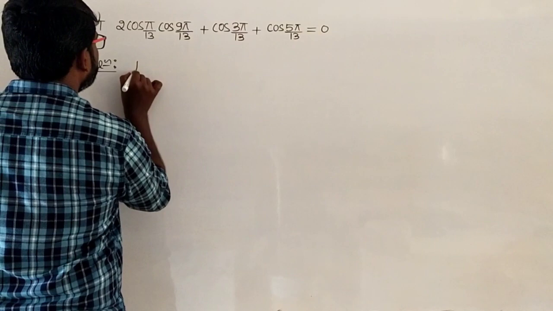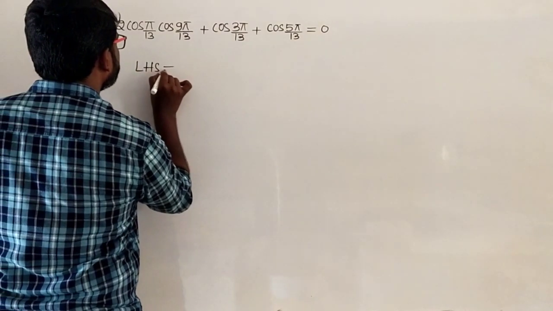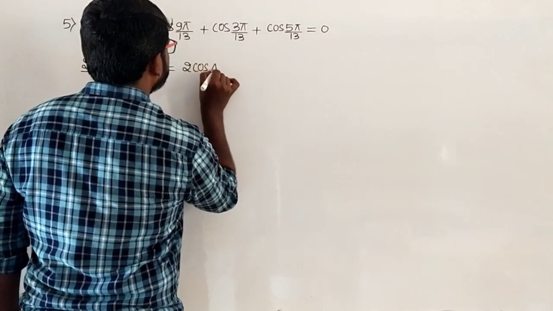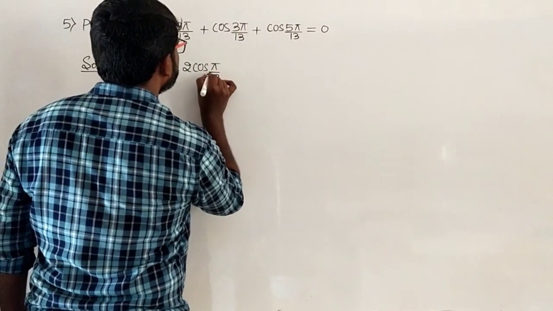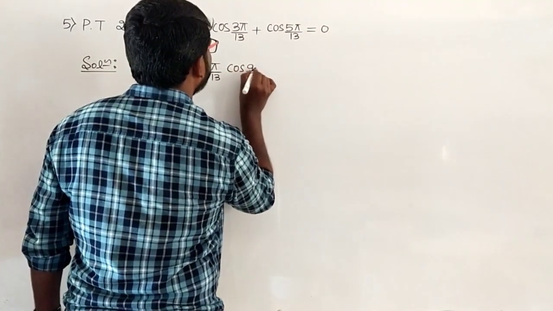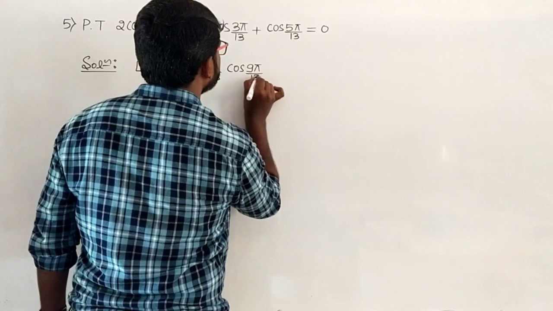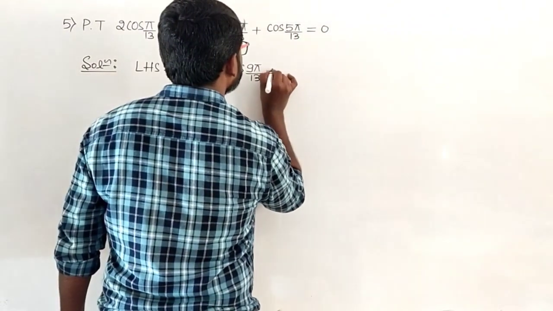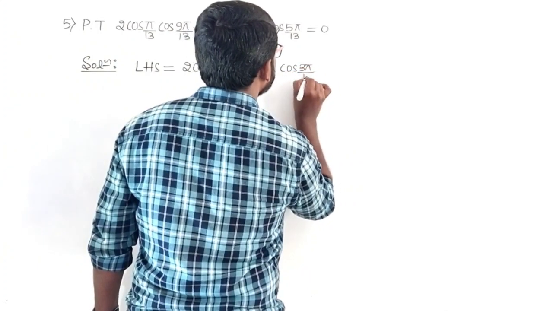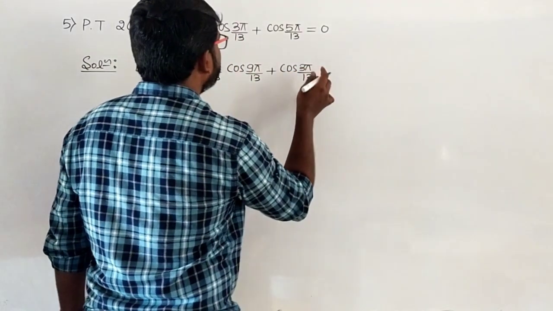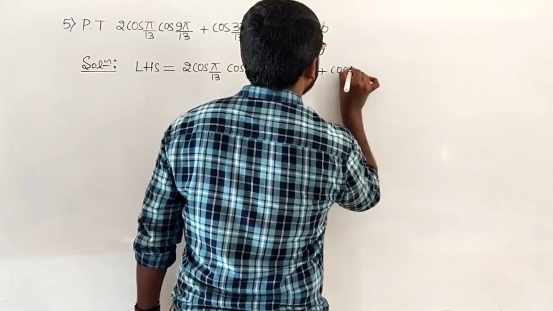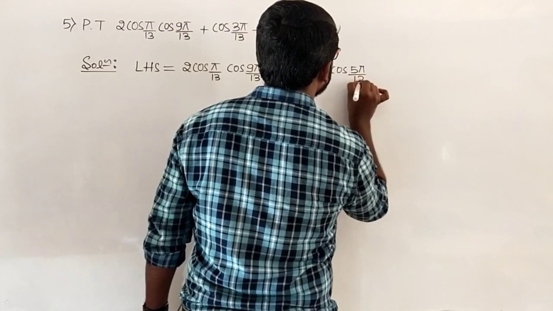So here left hand side, which is equal to 2 cos pi by 13 into cos 9 pi by 13 plus cos 3 pi by 13 then plus cos 5 pi by 13.